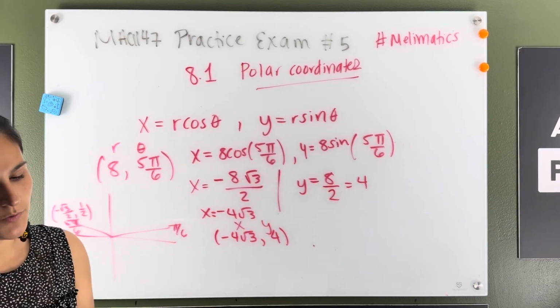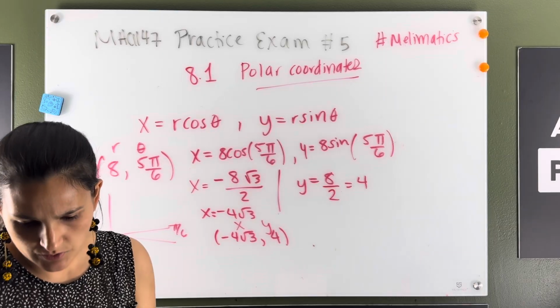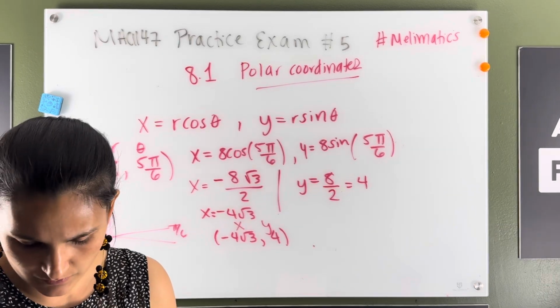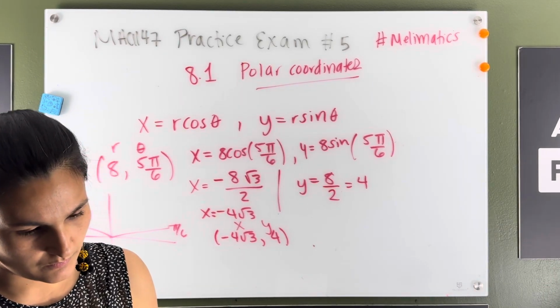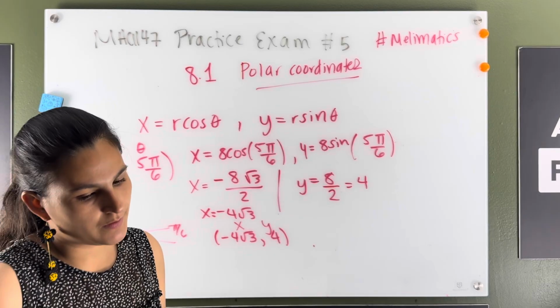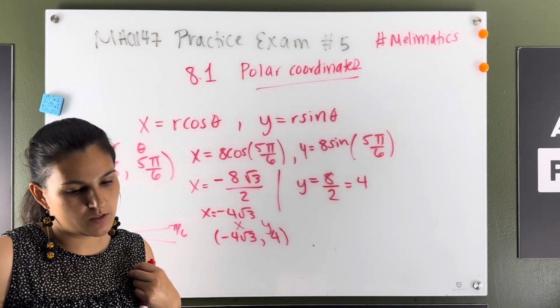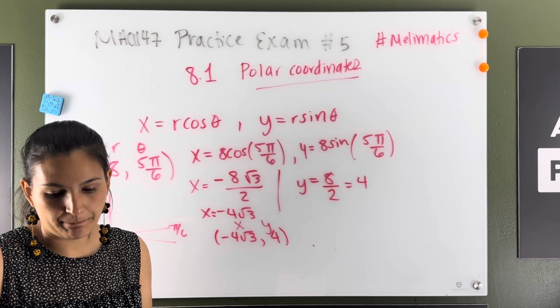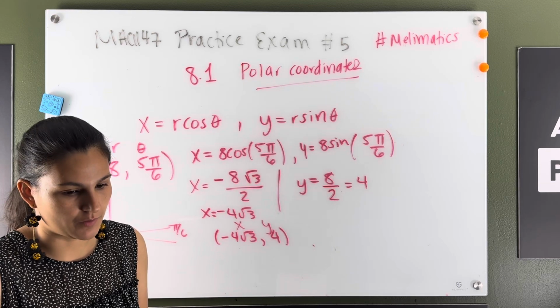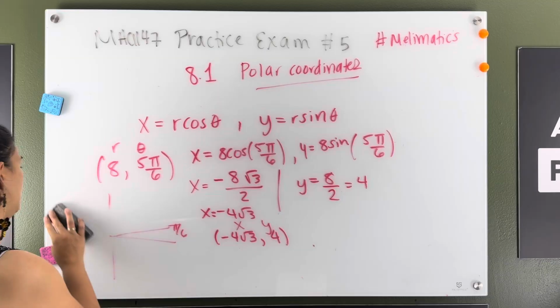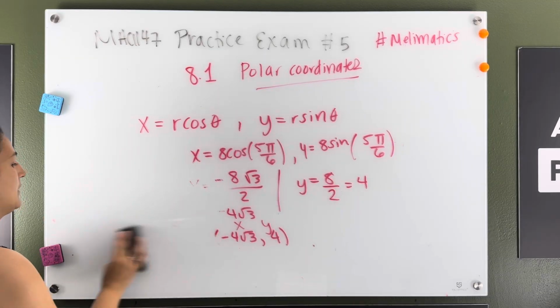Okay, for 24, you guys can plug in and get the answer. And that shouldn't be hard to find. Find where the x and y coordinate of 2 pi over 3 is and get your x and y. Okay, but we can do number 25 together. Again, you can pause this, go back, rewatch it.